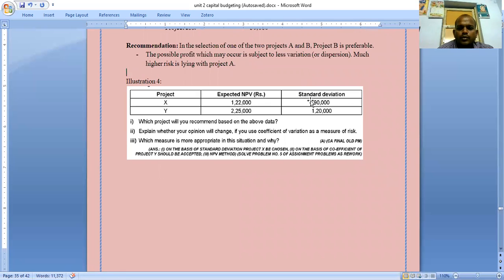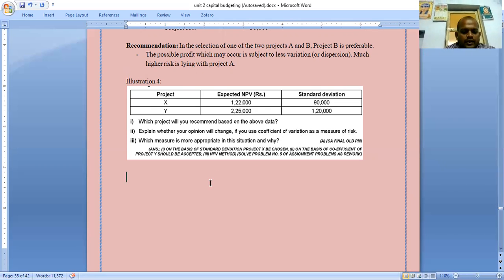In the above data, standard deviation is lower for project X than project Y. So as per the standard deviation, project X is recommended. Explain whether your opinion will change if you see coefficient of variation as a measure of risk. The coefficient of variation formula is standard deviation divided by the expected NPV.